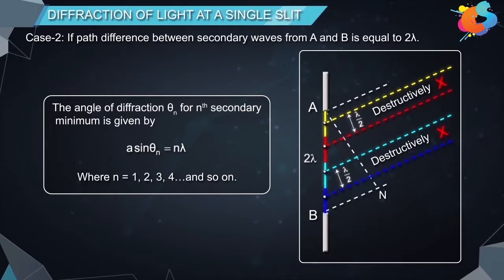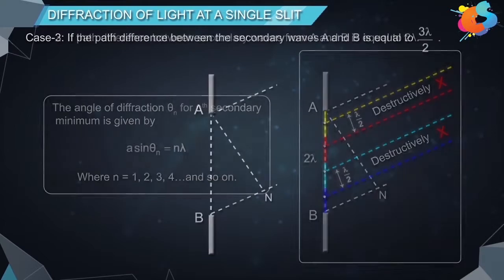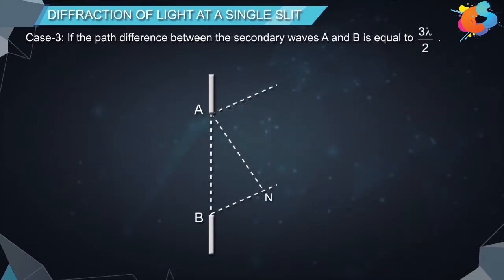Now let us find the positions of secondary maxima. If the path difference between the secondary waves A and B is equal to 3 lambda by 2, in this case, the wavefront AB can be divided into 3 equal parts. The path difference between the corresponding points of the first two parts will be equal to lambda by 2.